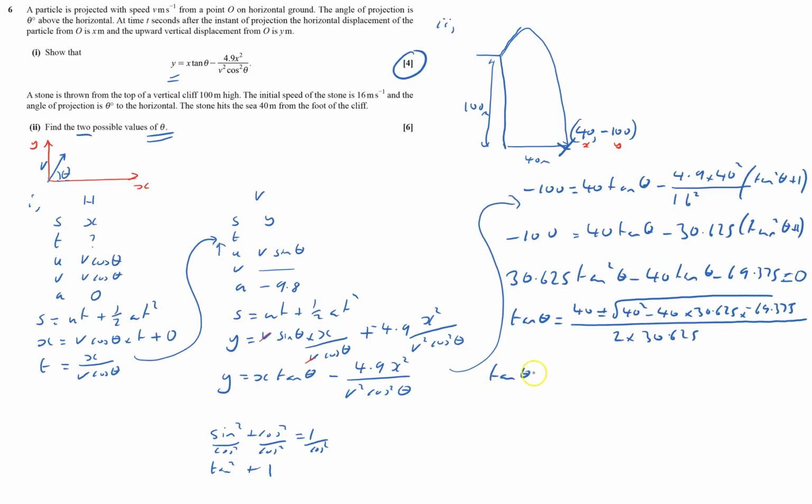That gives me tan theta equals minus 0.9876 or 2.2937.